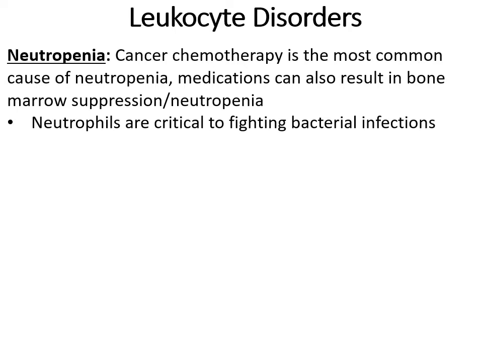Okay, let's go on to some white blood cell disorders. White blood cells are the infection-fighting cells of your body. And when we're talking about leukocyte disorders, let's talk about a condition called neutropenia.